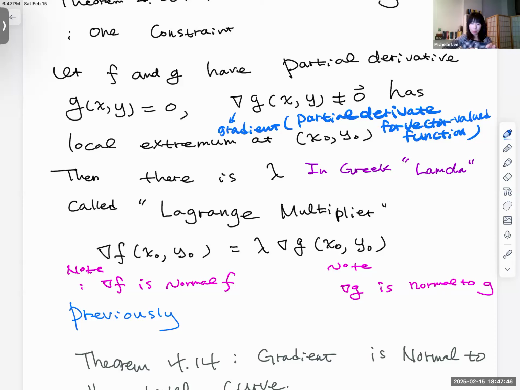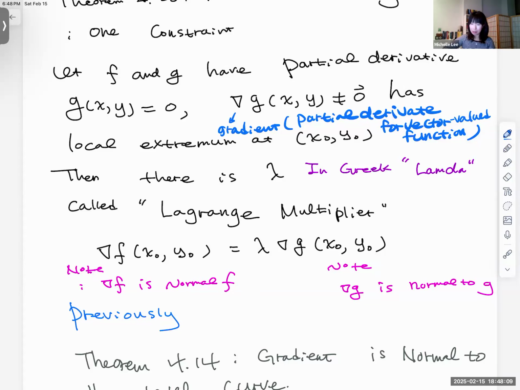Okay, let's talk more. So the g function is equal to 0, and the gradient is not equal to the 0 vector, and f has a local extremum. It can be a local maximum or minimum, right? At the point x naught, y naught.